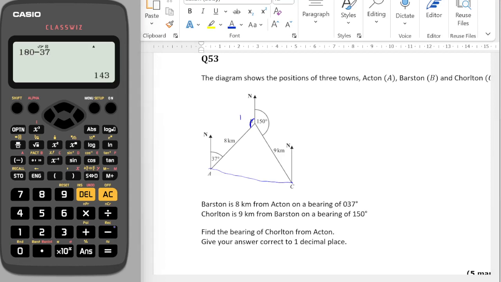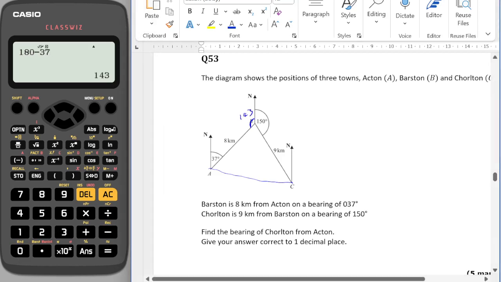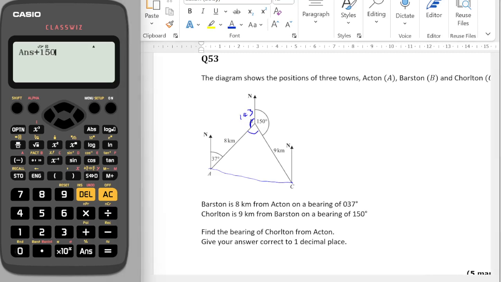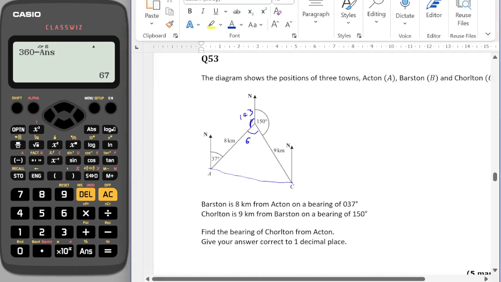So that's going to be 143, meaning that this angle here would be plus 150. So I'm going to do 143 plus 150. So that adds up to 293. 360 minus that would give me 67. So that angle there is 67. And we want to work out this angle here.